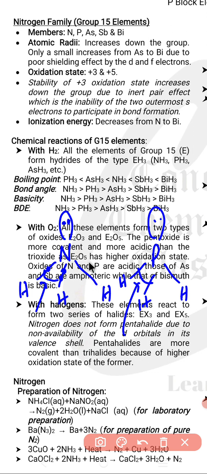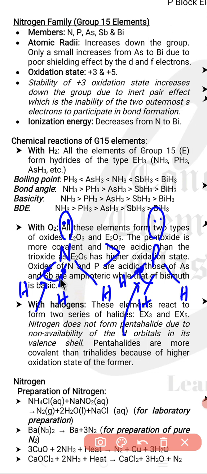So in case of NH3, nitrogen has higher electronegativity than hydrogen. In PH3 also phosphorus has higher electronegativity than hydrogen, but nitrogen has higher electronegativity than phosphorus. So the pull of these two electrons by nitrogen will be more than the pull by phosphorus.